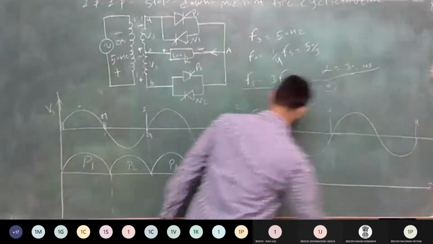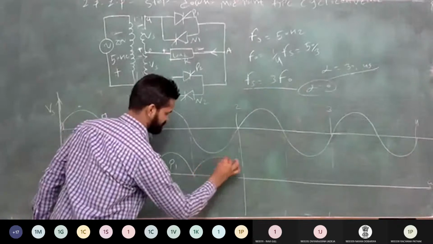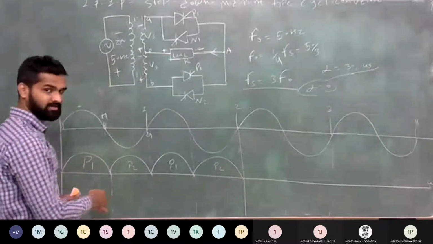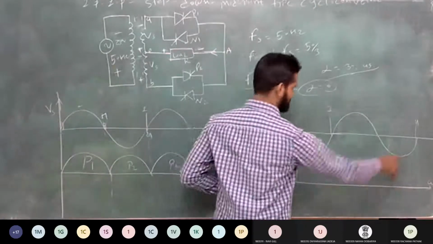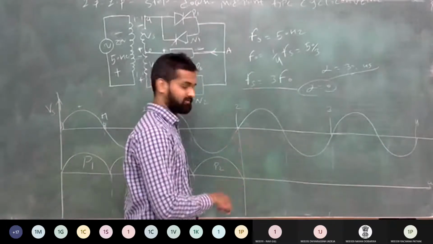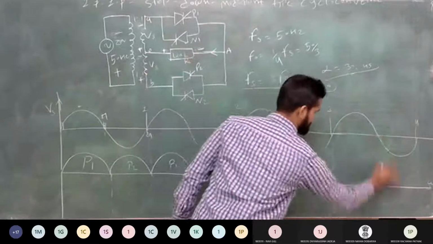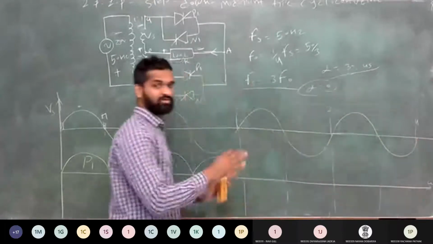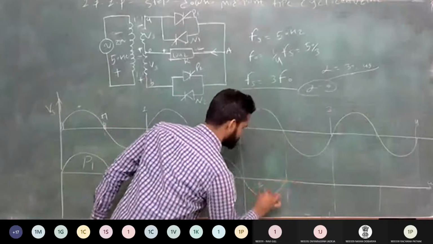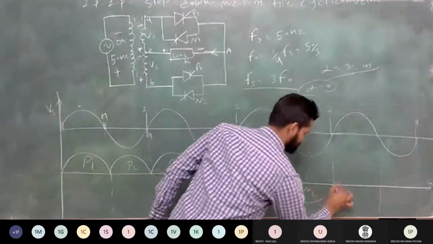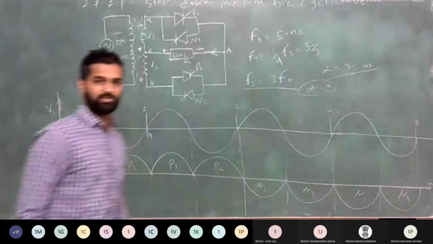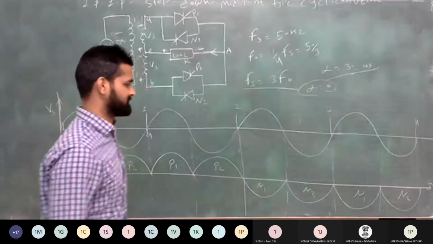So in 2 cycles of supply you get just positive voltage, and in the same way in the next 2 cycles, 3 and 4, you get negative voltage: N1, N2, N1, N2. So based on the frequency requirement at the load side, you can change the sequence of conduction of thyristors. Clear?